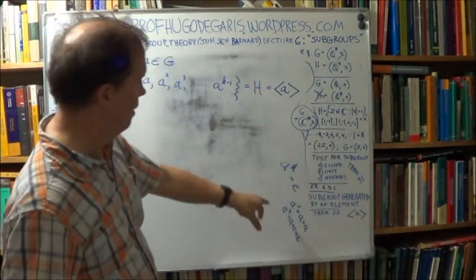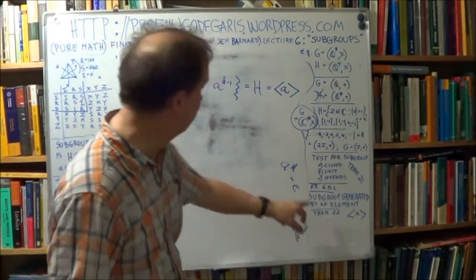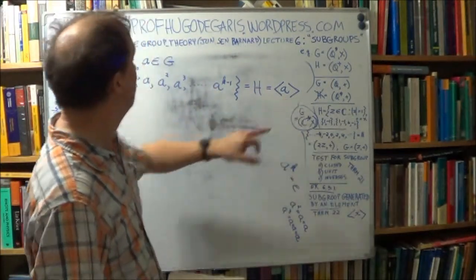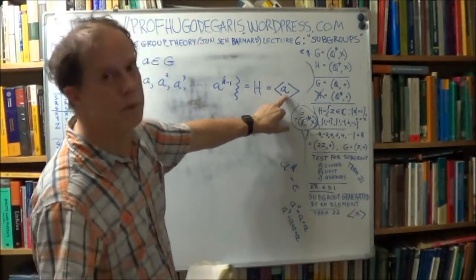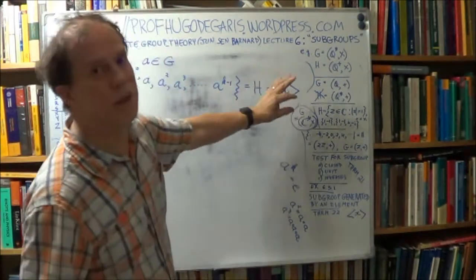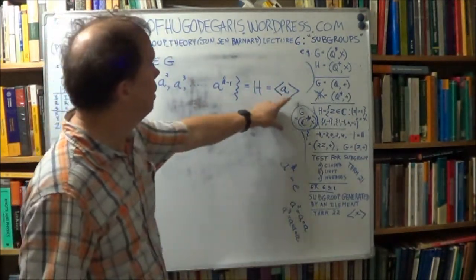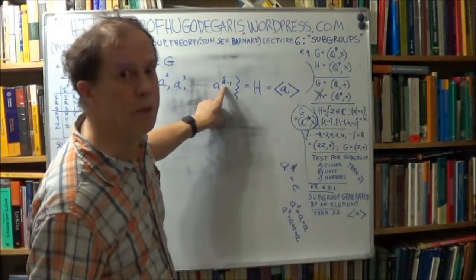This is what theorem 22 is about, proving that this set here that consists of all the powers of that element A. It doesn't matter which element in the set you're talking about. The same kind of analysis will go through. An element may have a different order than other elements in the group.